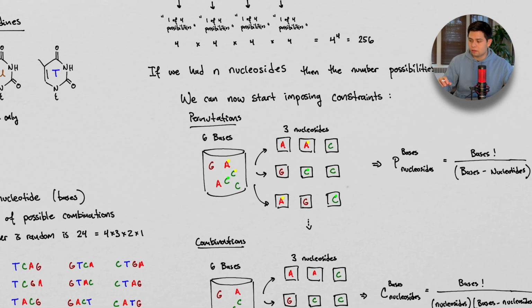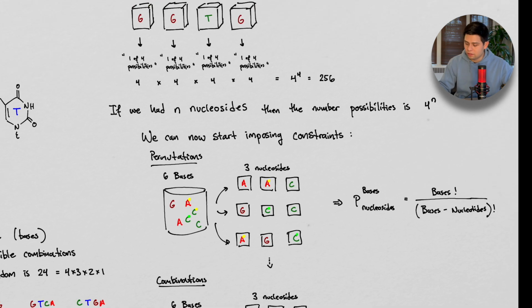Whereas if we had tons and tons of bases at our disposal, but only 4 nucleotides could be occupied, then the number of possibilities was way, way bigger. Okay, and this is another combinatorial problem that DNA in biology is going to have to contend with. This idea that you could easily make a lot of bases.